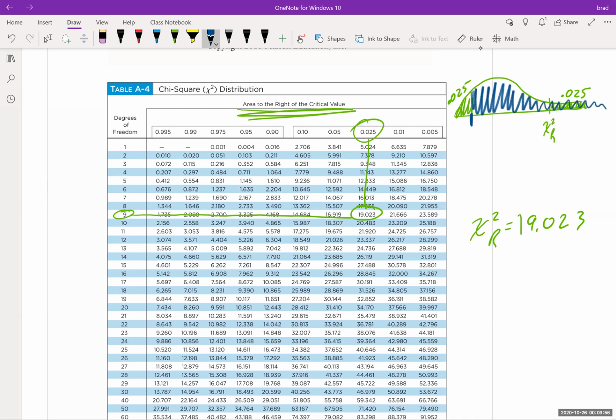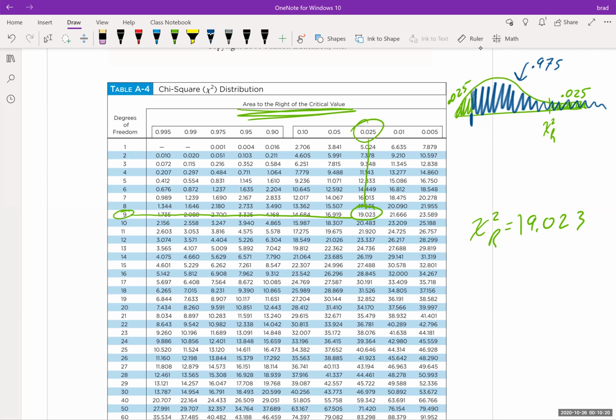Well, I'm just going to do 1 minus 0.025, and I get 0.975. So that means the area to the right is actually 0.975 if there's 0.025 to the left. Okay, does that make sense? Hopefully, if not, you can ask me about it in class.